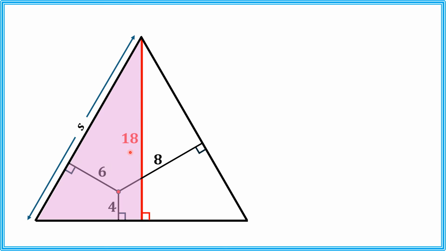Now we consider this right triangle, and its height is 18, hypotenuse is S, and this length is S by 2.